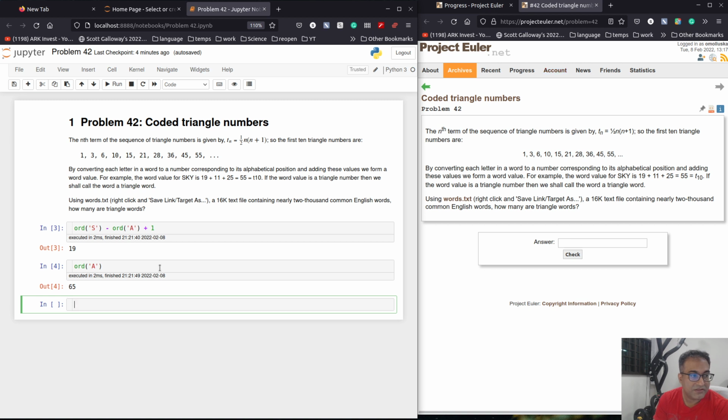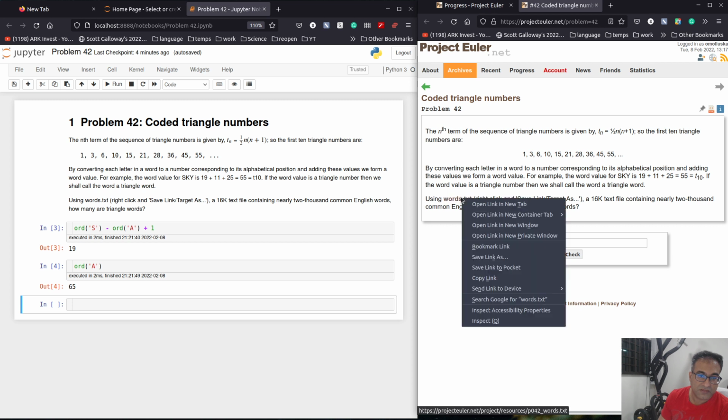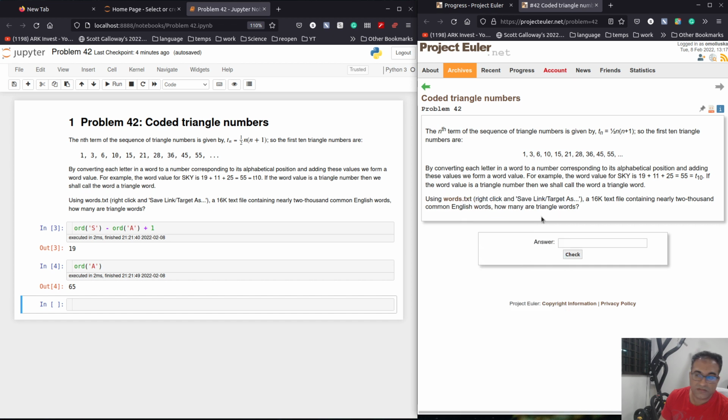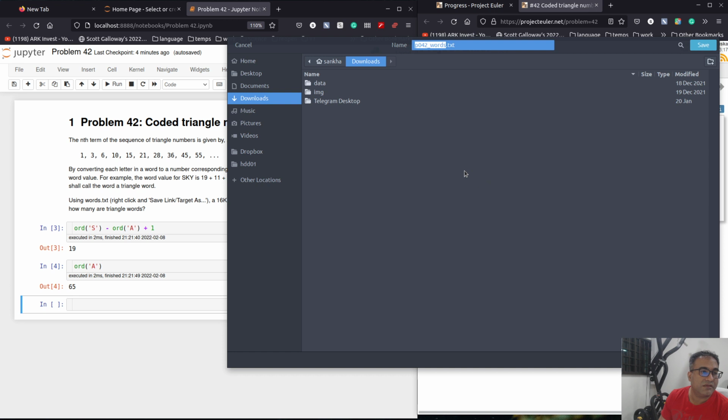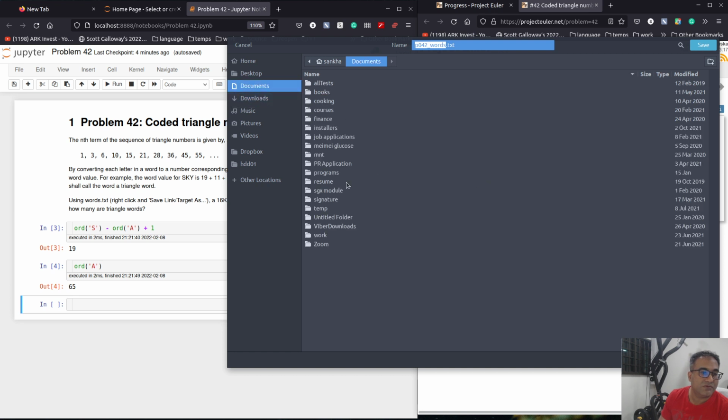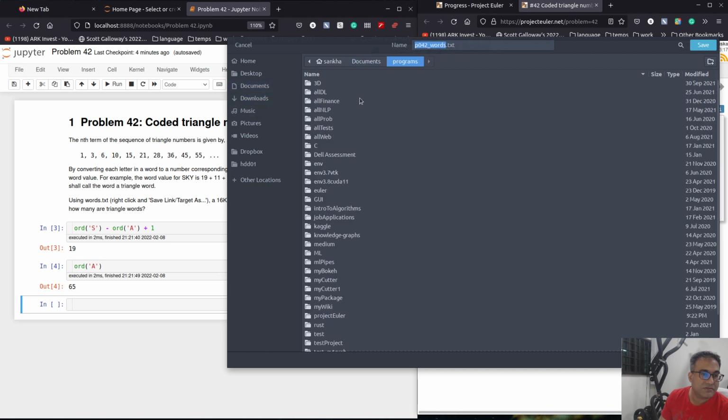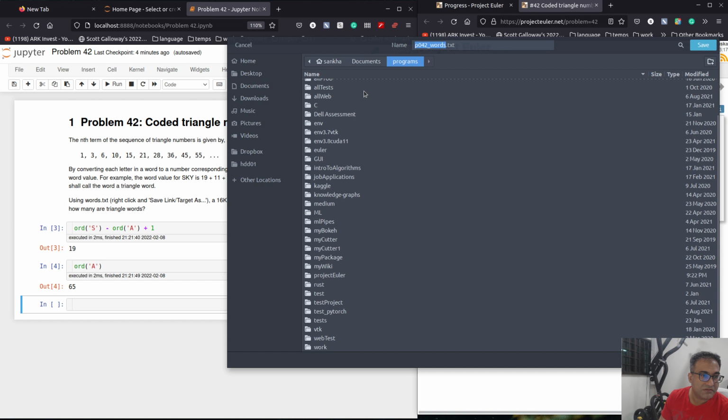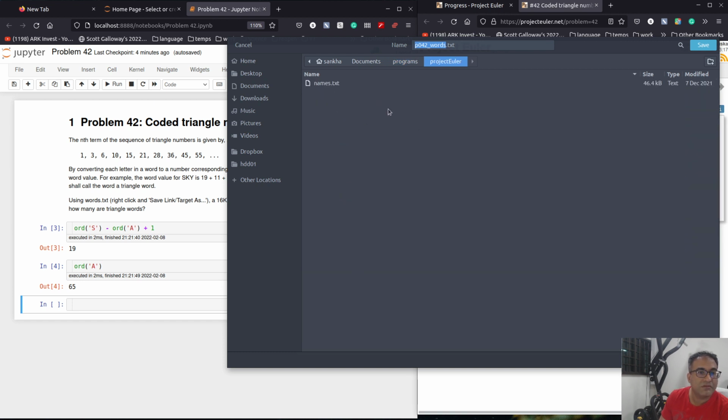Okay, use the words.txt file. Let me save the link as, and I want to go to programs, Project Euler, names. words.txt, like that.